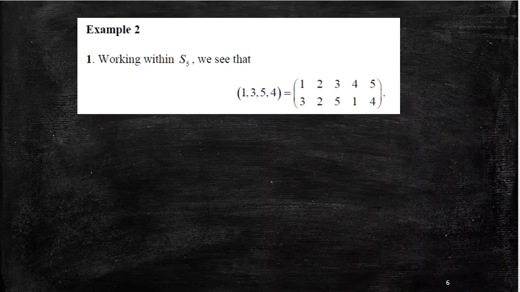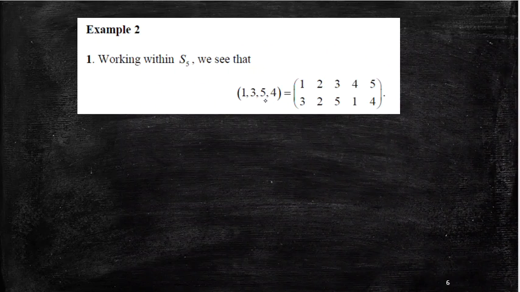Look at example 2, number 1. Working within the symmetric group of degree 5, we see that (1 3 5 4) is equal to this matrix notation of this permutation. 1 goes to 3, 3 to 5, 5 to 4, and 4 to 1.